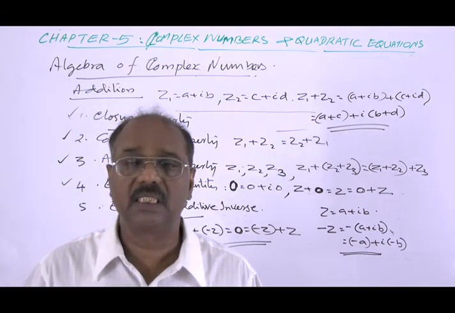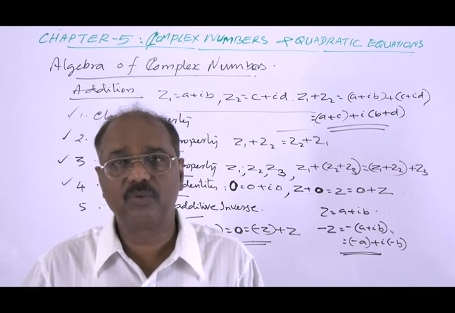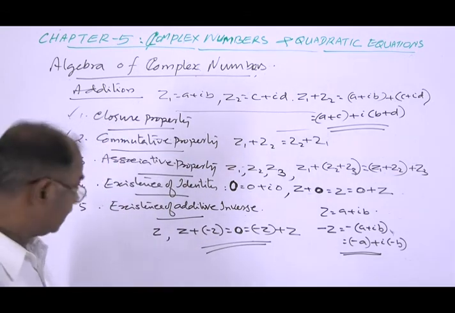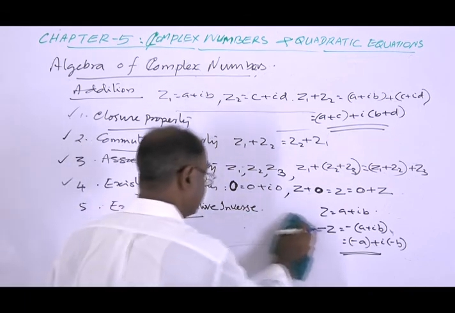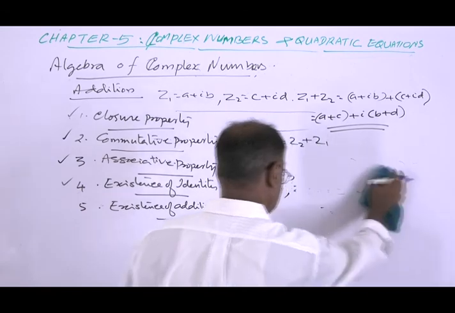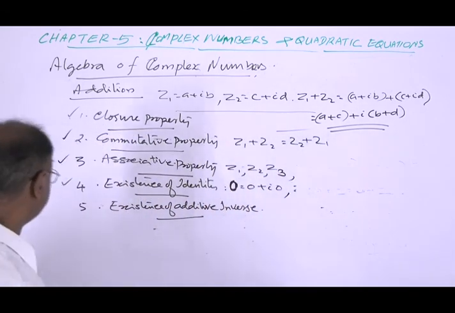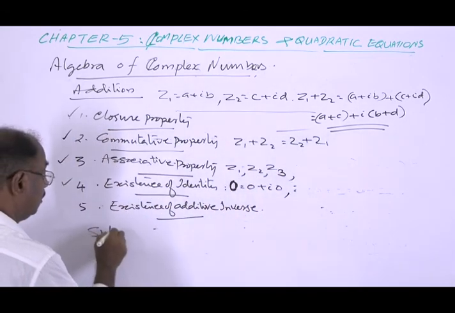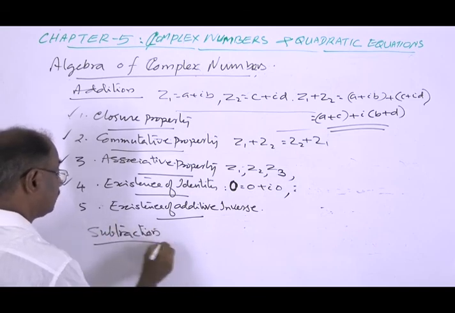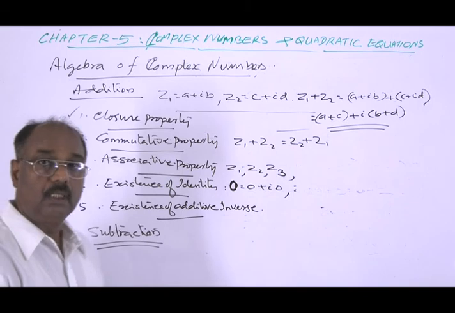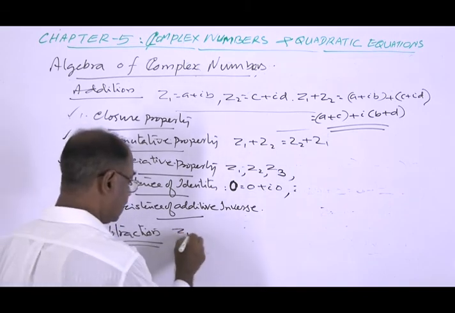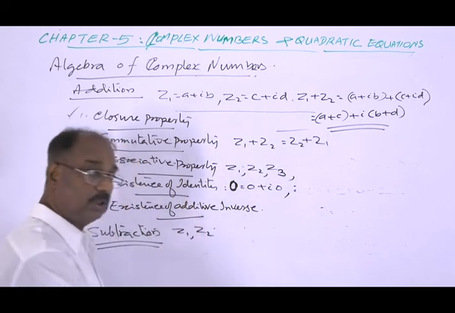And now we discuss the subtraction of two complex numbers. So consider the second operation, which is subtraction. Now the definition is this. Suppose Z1 and Z2 are any two complex numbers.